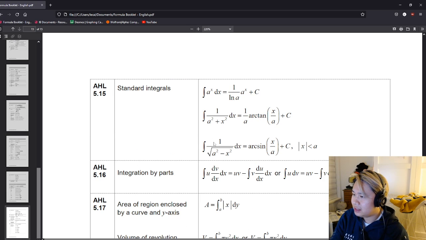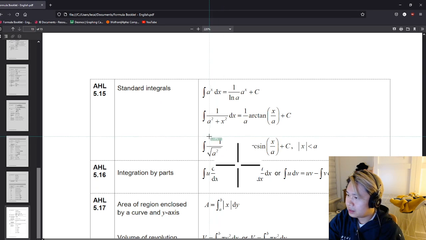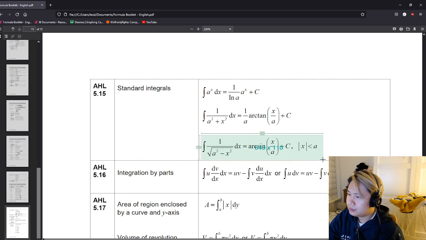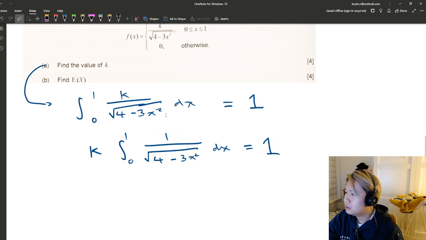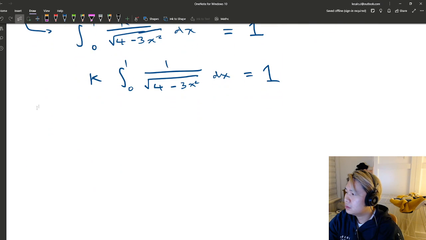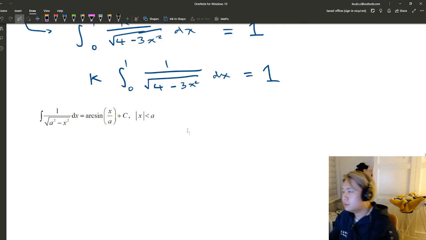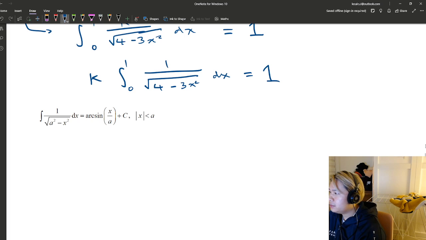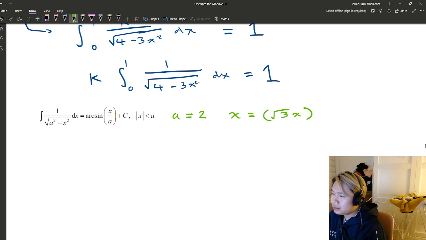We're going to use this one right here. So let me just copy that. Okay, so from this standard integral, we can see that a is going to be 2, and then the formula's x is going to be, in our expression, square root 3x.